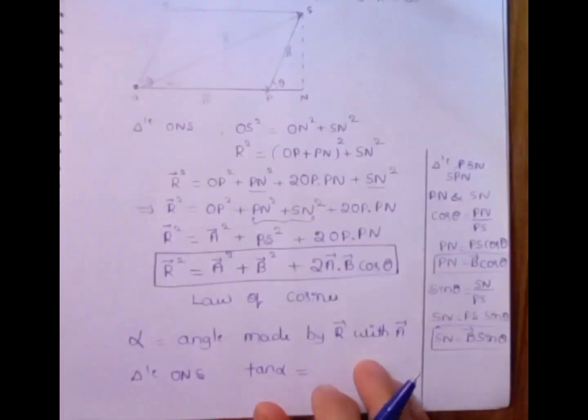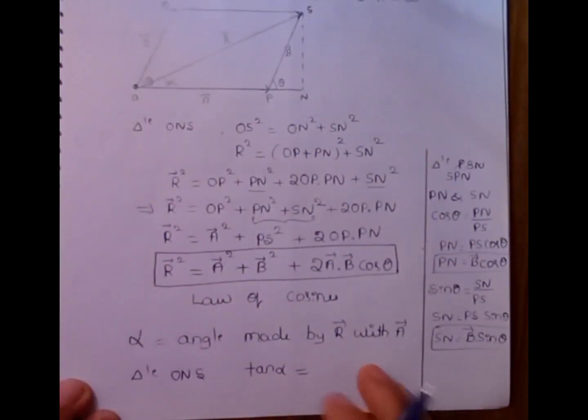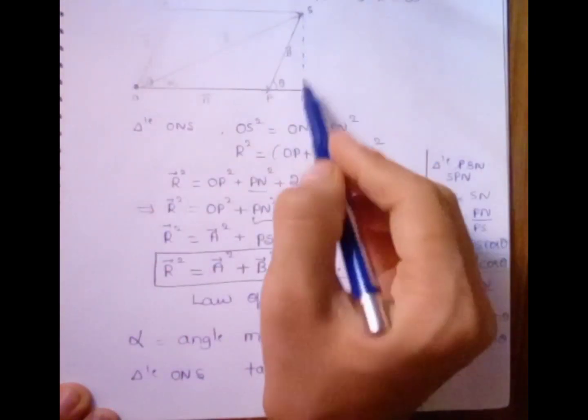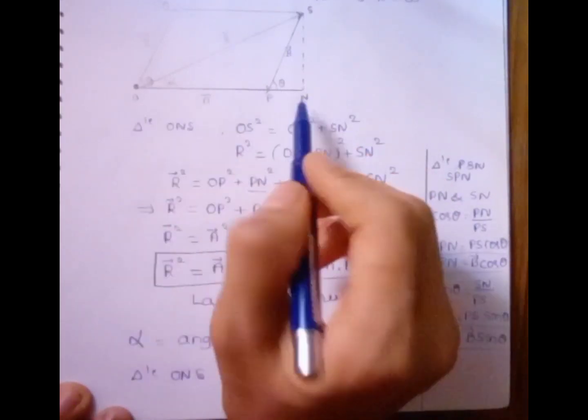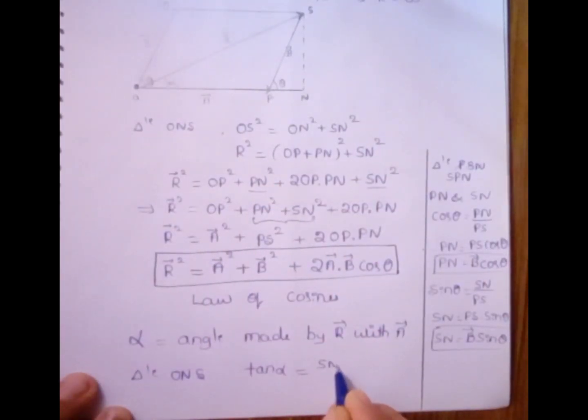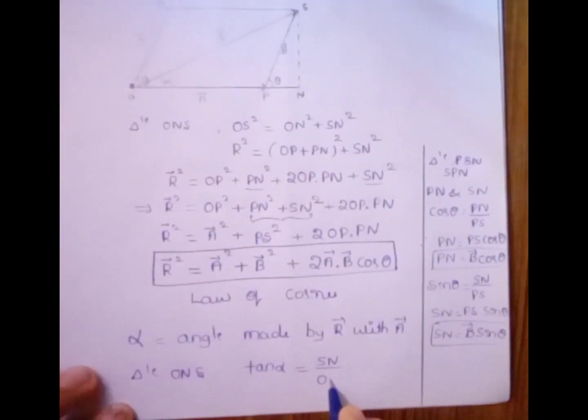Which one is opposite here? SN. Divided by adjacent, which is ON. SN divided by ON.